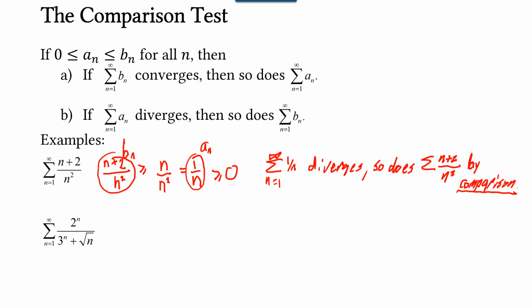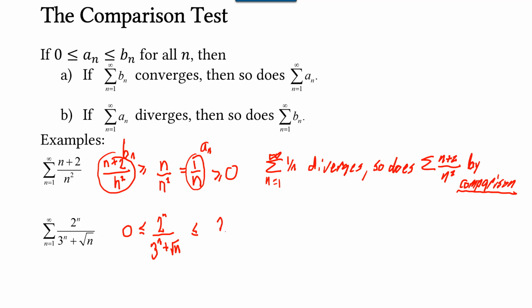There's a second one that's going to be a little different. So this is an unfamiliar series. Let's see how we could apply the comparison test here. I know that all of these terms are bigger than or equal to 0. There are no negative numbers anywhere.